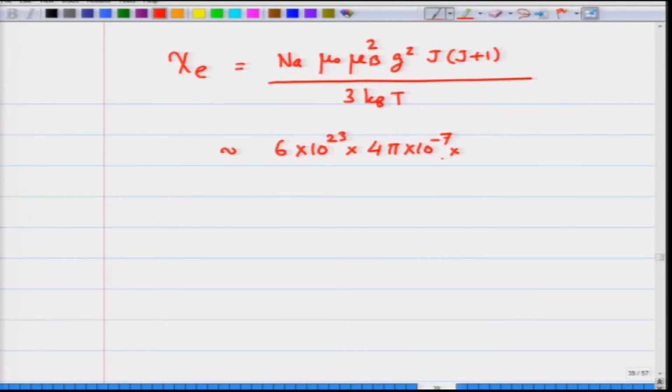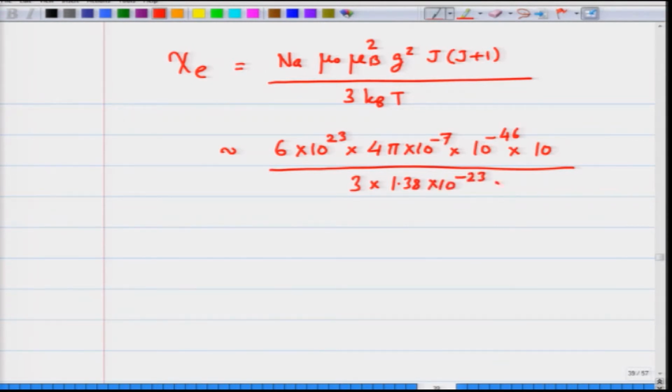Mu B we just calculated is of the order of 10 raised to minus 23, so I am going to put it as 10 raised to minus 46. g square J plus 1, roughly put it of the order of 10, divided by 3 k_B, which is 1.38 times 10 raised to minus 23. Let us take the temperature as room temperature, 300.